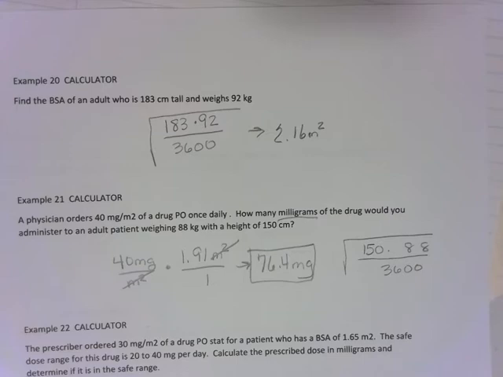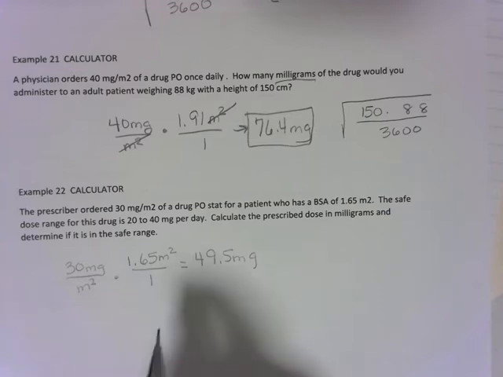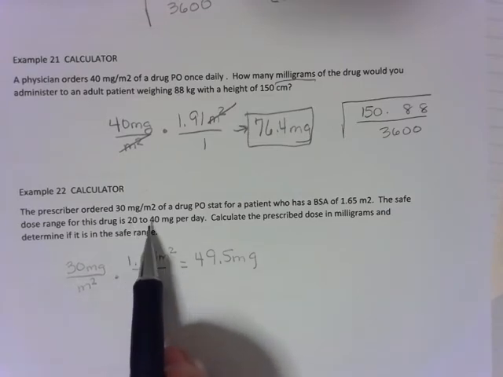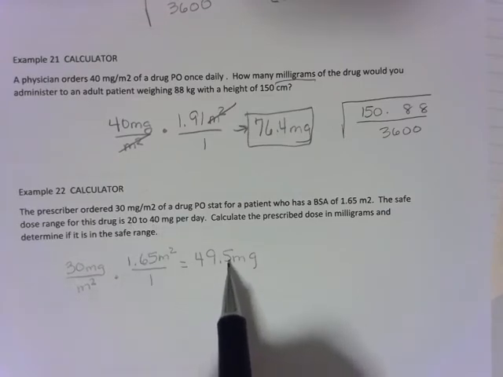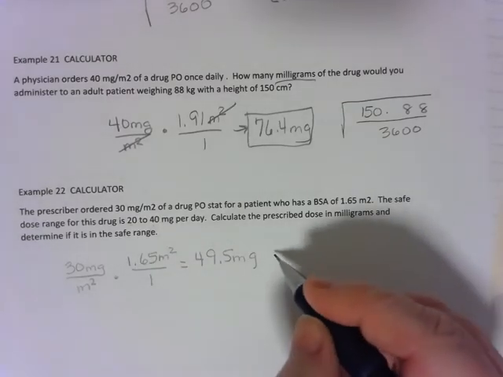So this patient would require 49.5 milligrams of medication. As we can see, the safe range is only from 20 to 40. 49.5 is above the 40, so this is not in the safe range.